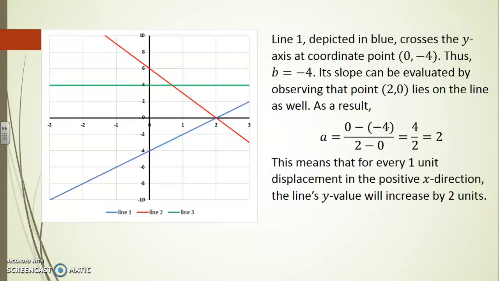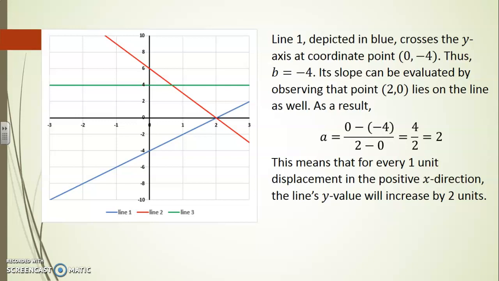Line 1, depicted in blue, crosses the y-axis at coordinate point 0, minus 4. Thus, b equals minus 4 will be its y-intercept. The slope can be evaluated by observing that point 2, 0 also lies on the line, and therefore the slope will be 4 over 2 when we compute the change in y over the change in x.